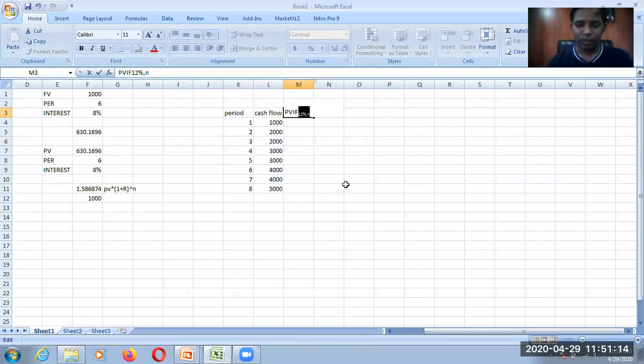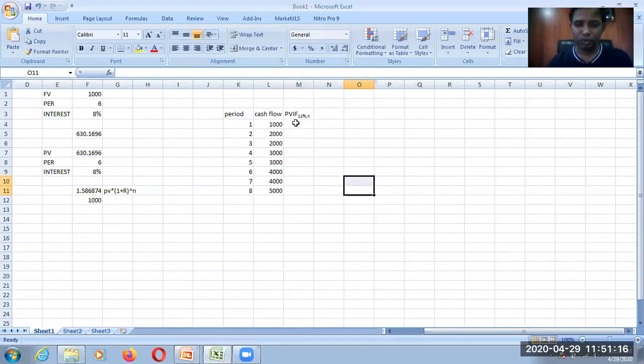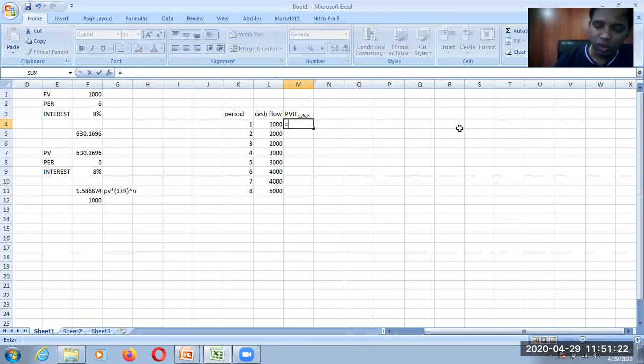So this is how it will look. If I am calculating it for 12%, my formula for present value is 1 divided by 1 plus the rate of interest, 12%, raised to n. So it will be the period for the first year.